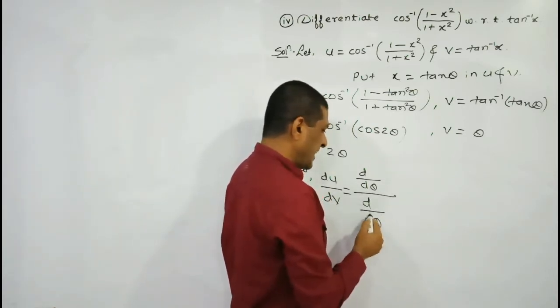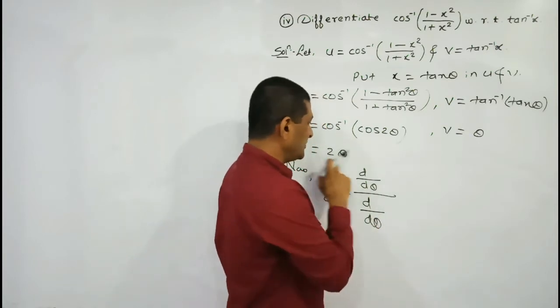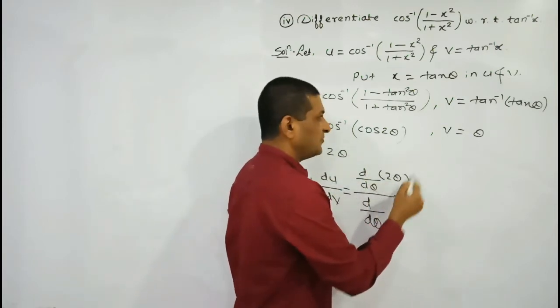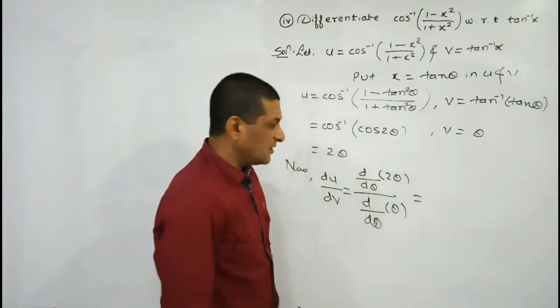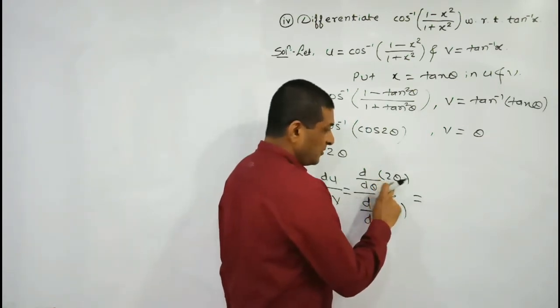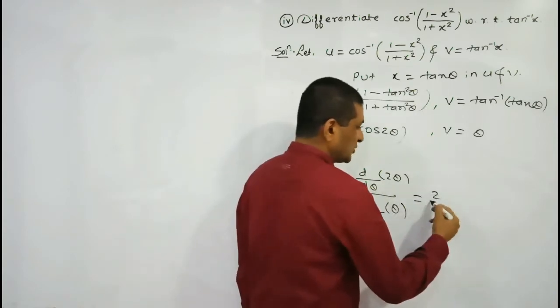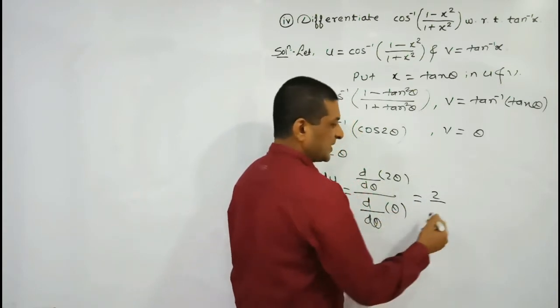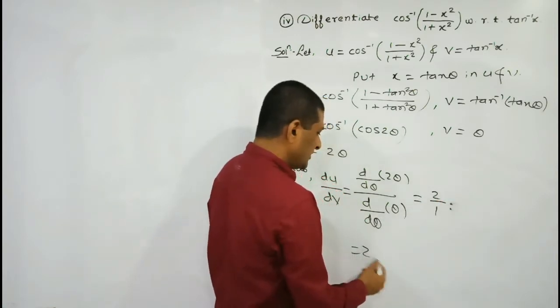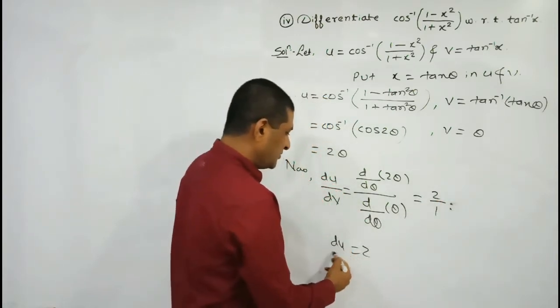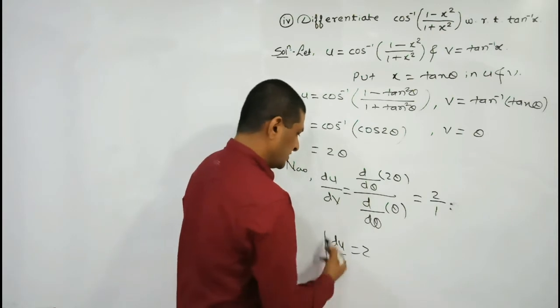Now the remaining part is just to substitute u equal to 2 theta and v equal to theta. The derivative of 2 theta with respect to theta is 2, and the derivative of theta with respect to theta is 1. So 2 upon 1 equals 2. So 2 is the value of the required differentiation.